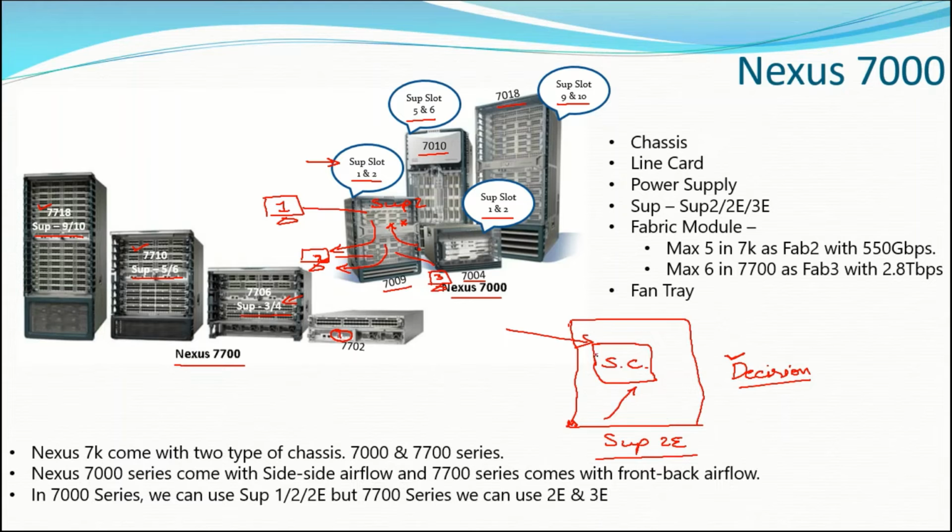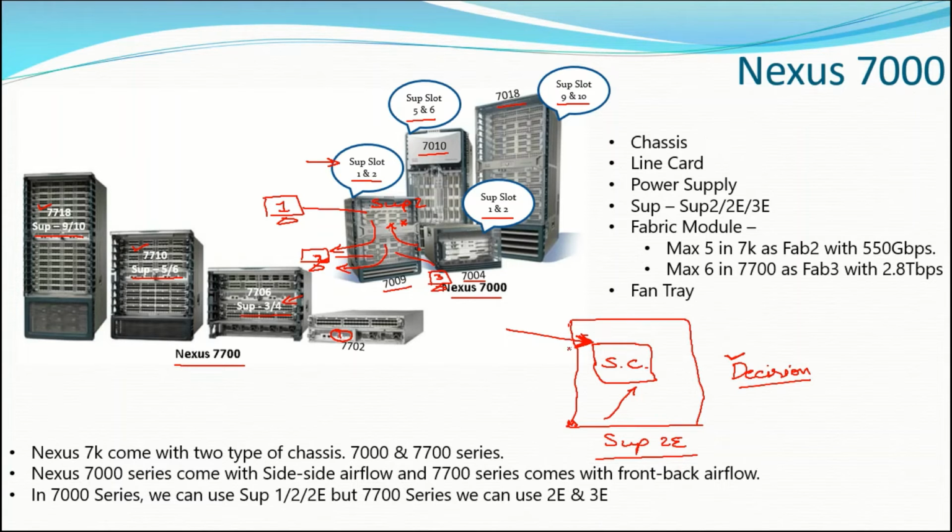It's a cache memory, right? So as long as the system is up and running, everything is stored in the system controller. But as soon as you reboot the switch, whatever is memorized in the system controller is removed.